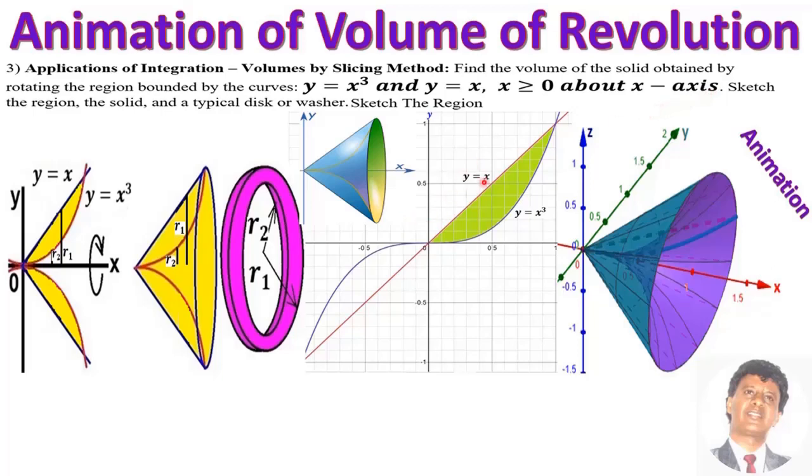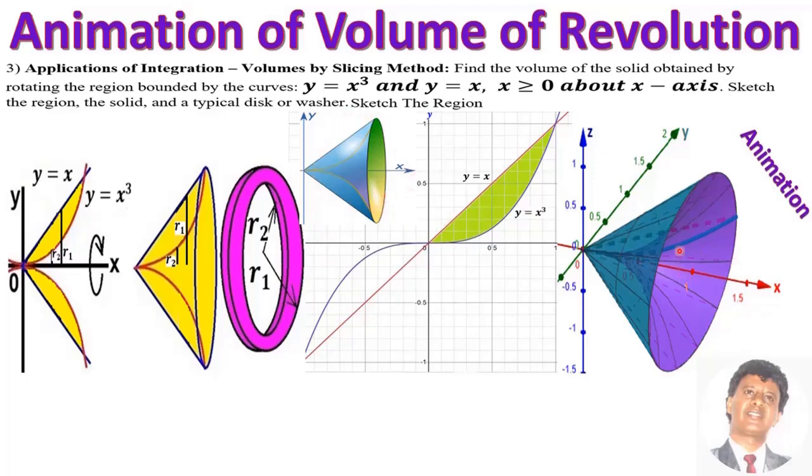So the top curve is y equals x, the bottom curve is y equals x cubed, and this is the region, and it is rotated around the x-axis. And it forms this solid, the volume that is generated. And that's how it looks.